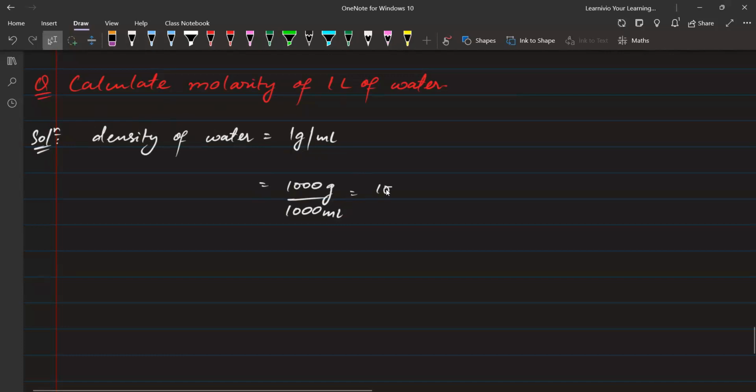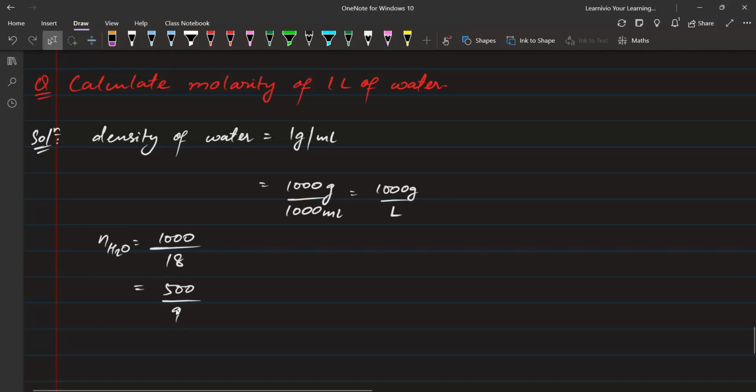So we can say 1000 grams in 1 liter. That means 1000 grams of water is there in 1 liter of water. I can calculate the number of moles of water, that will be equal to 1000 upon 18, correct? So I can write this as 500 upon 9, yes or no?